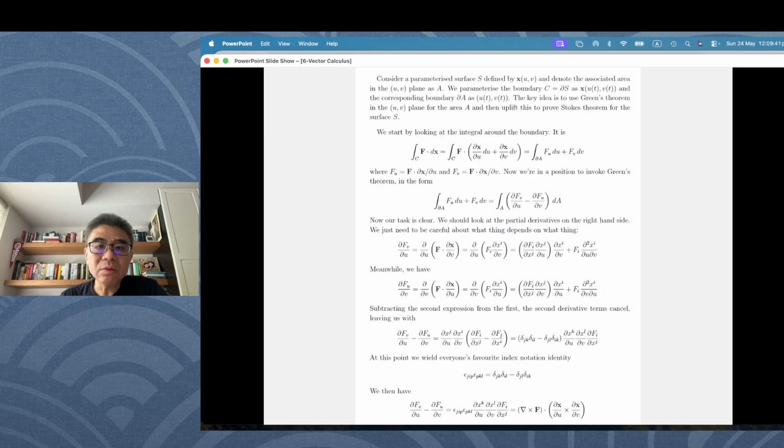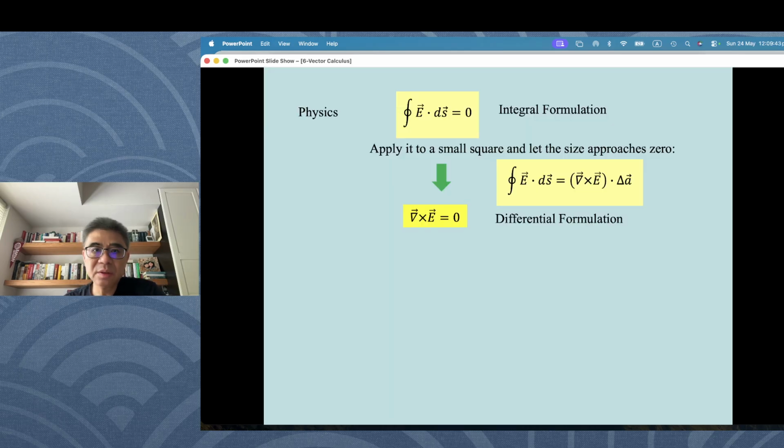Okay, so now we finished the mathematics, over to the physics. The physics is quite simple. Here, the integral formulation of the third Maxwell equation says the line integral of the electric field along a small closed path is always equal to 0.